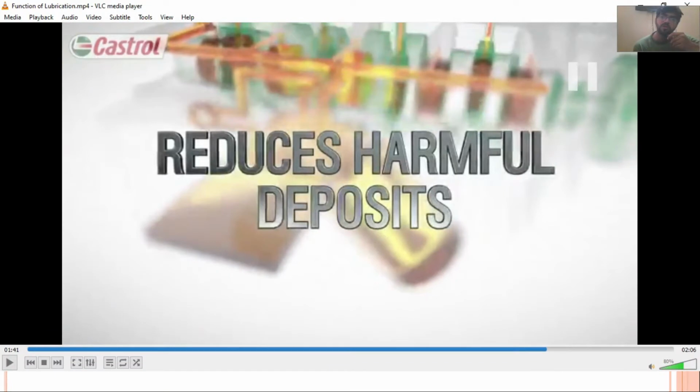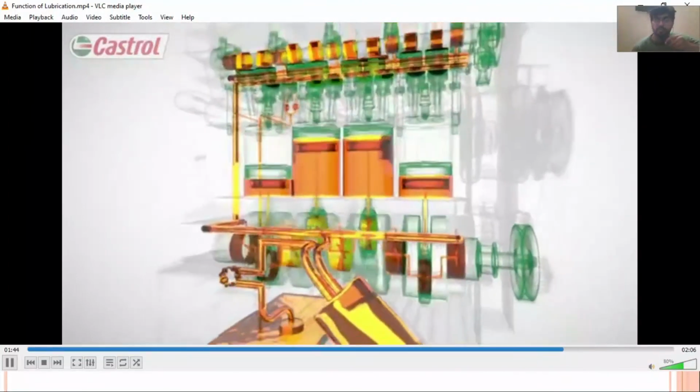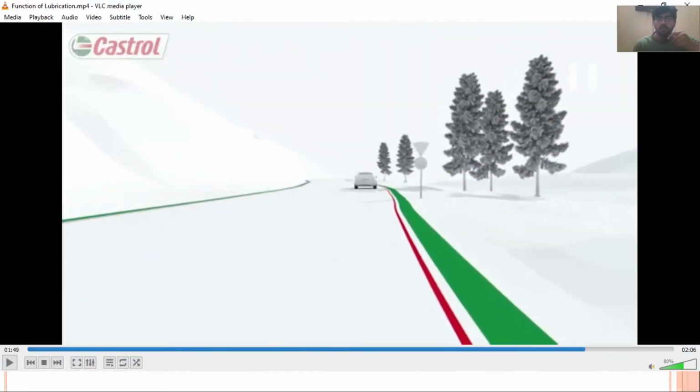It reduces the wear and tear, and it also reduces the harmful deposits between the moving components of an IC engine. Regular maintenance with a quality oil and filter will protect and preserve the heart of the car, the engine. So regular maintenance or regular checking of the lubrication oil can result in better performance of your engine. It will avoid the damages of your IC engine.